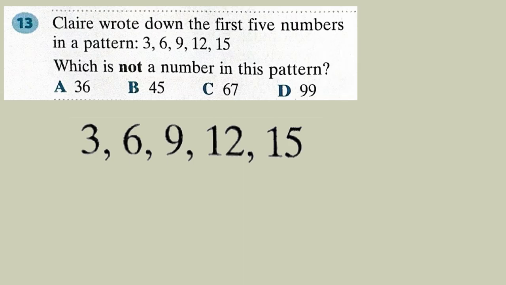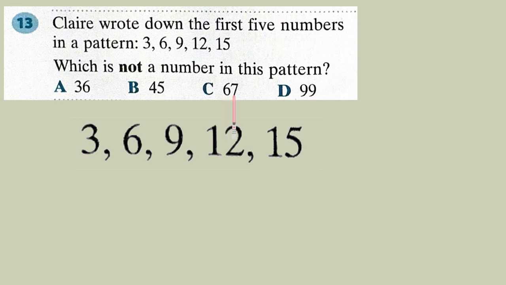The question that they are asking you is, which is not a number in this pattern? I've got 36, 45, 67, and 99. Which numbers are divisible by 3 and which are not divisible by 3? 36 will be divisible by 3. 45 will also be divisible by 3.